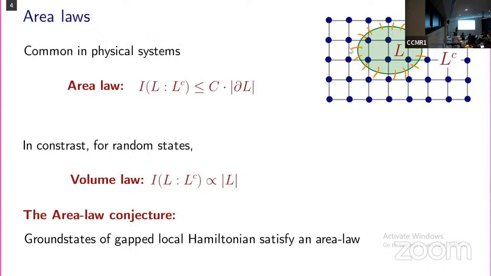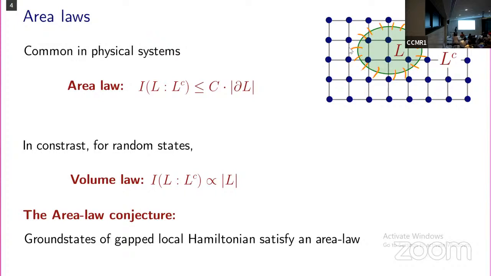So, hand-waving a lot, there is short-range entanglement between different parts of the system, and therefore the entanglement is proportional to the boundary of the region we look at. This is manifested in that the mutual information will scale as the size of the boundary and not as the volume, unlike, for example, random states where it will scale like the volume. So this is called an area law, and this is called a volume law.